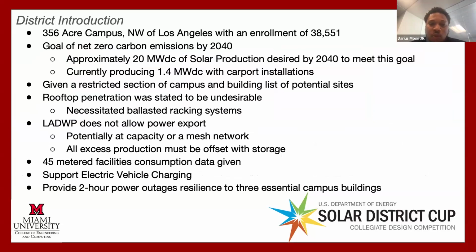For the district, they want to have electric vehicle charging and provide 2-hour outages, and they're also not allowed to export power to the grid. They also preferred rooftop penetration not be done because aesthetics is a big focus point for them.